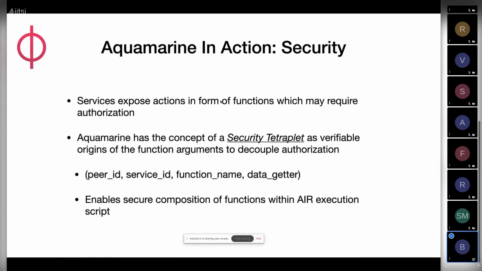And one of the big ideas, I don't know if I mentioned this, is that all this is happening in permissionless peer-to-peer networks, right? This isn't private. These are permissionless peer-to-peer networks where peers can join. They can choose what kind of services they want to host.